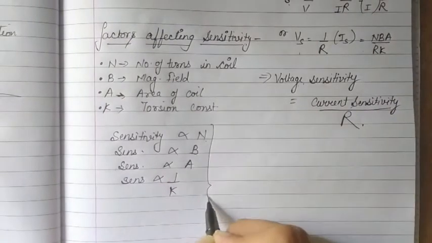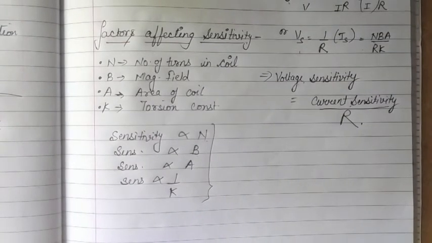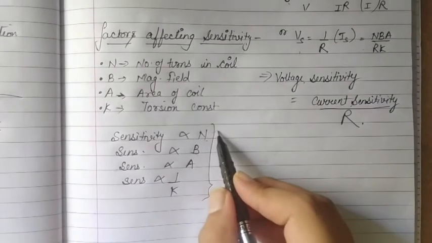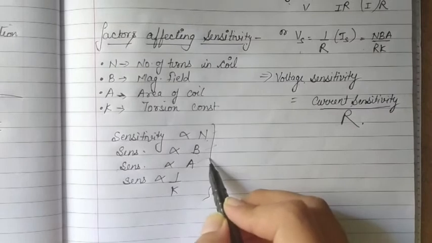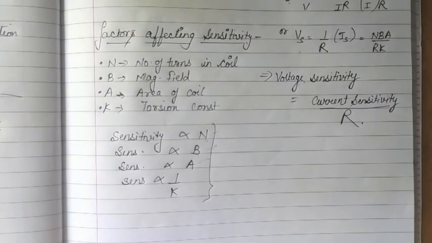So the sensitivity depends on N, B, A and K. It can be increased by increasing N, B, and A, and by decreasing torsion constant K. So these are the factors on which the sensitivity of a moving coil galvanometer depends.